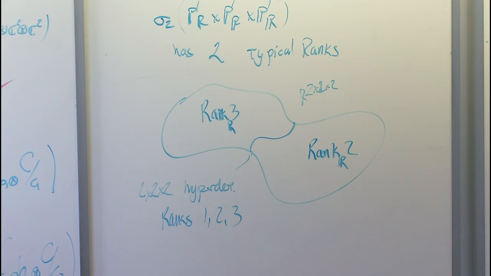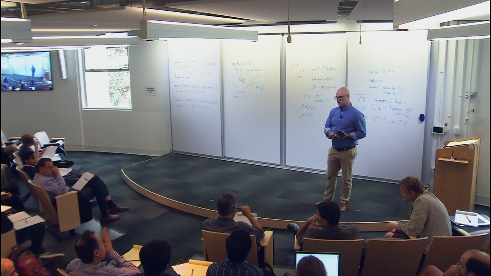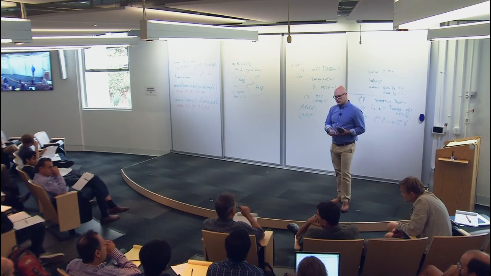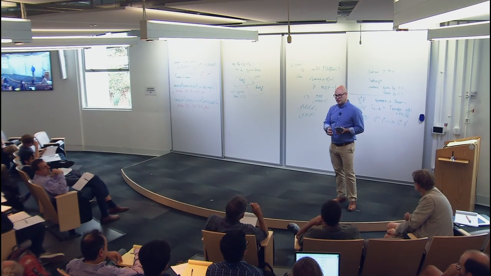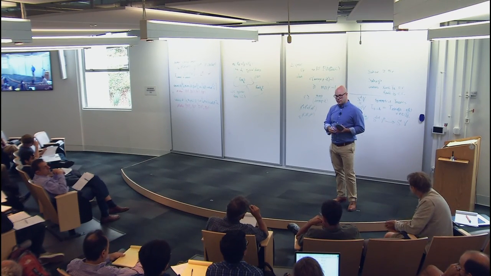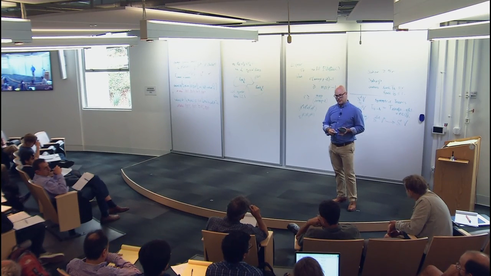Maybe a question. You mentioned as a result the ideal of subspace varieties, which is given by minors of the flattening. Do we have a good description of the relations of those? So the minimal free resolution, not just the first syzygies, but the minimal free resolution of that ideal is given by a twisted Koszul complex, and all of the details are in your book.